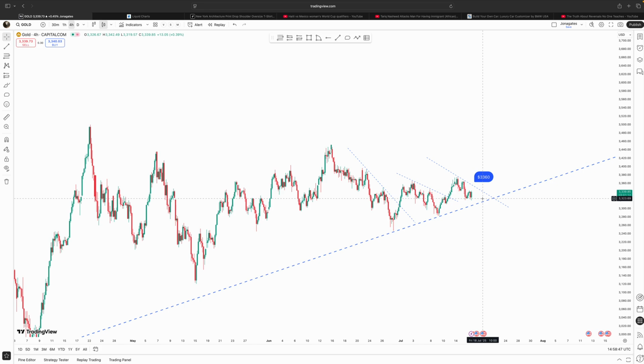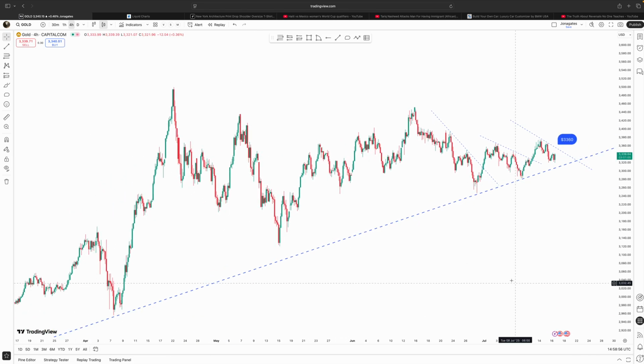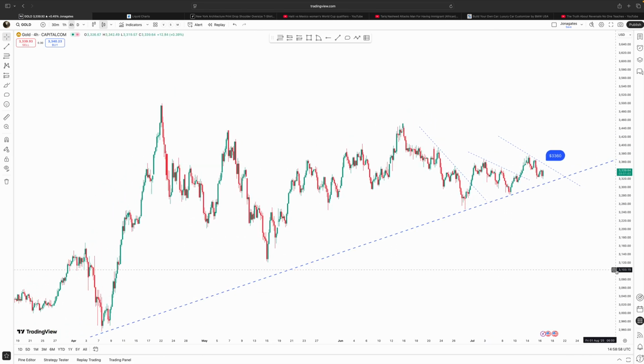All right, I implement geometry on the chart so that I can pinpoint where I want to buy, or if you want to sell, where I would sell. But since I'm not a seller, I'm mostly a buyer, so definitely I'm always looking to buy.